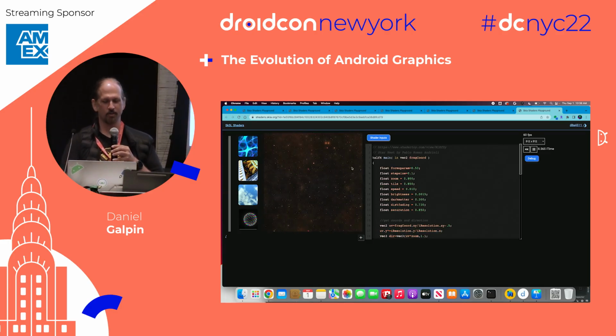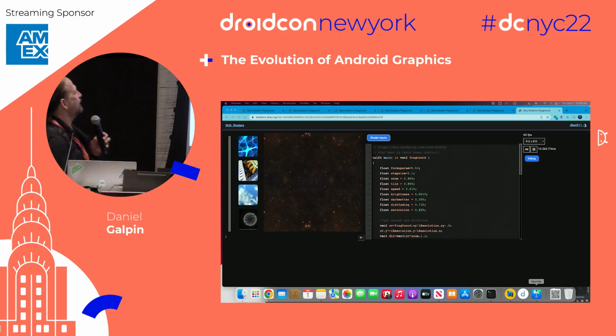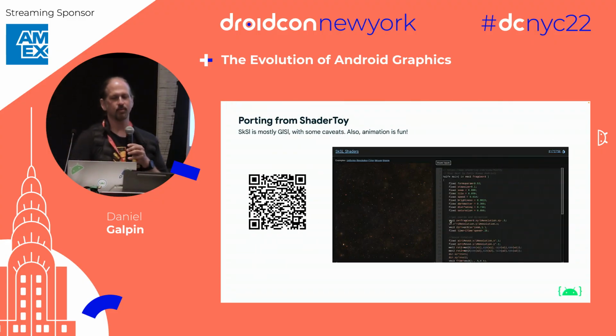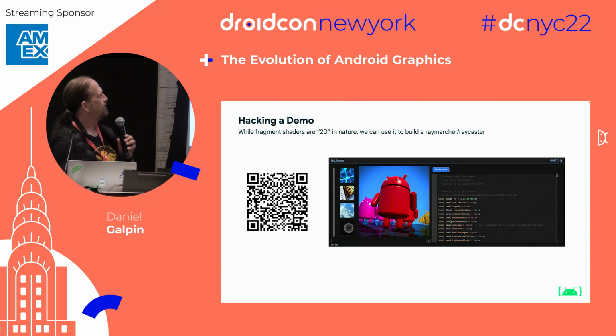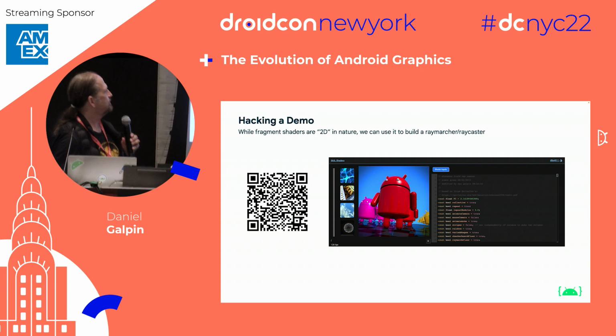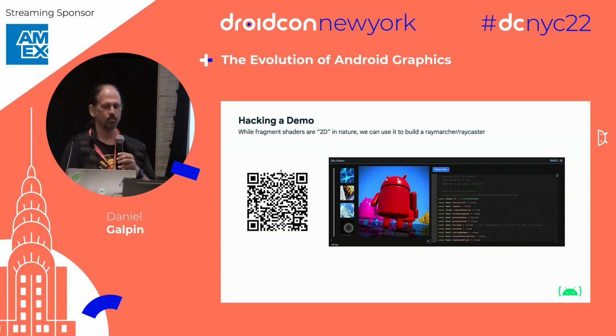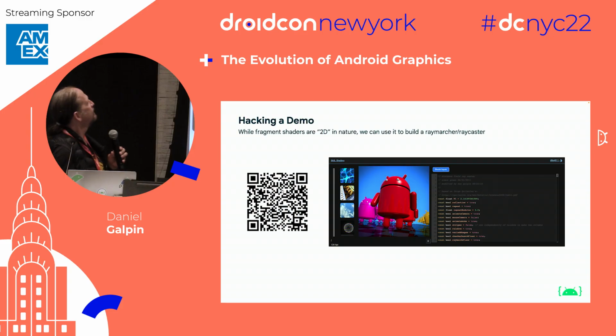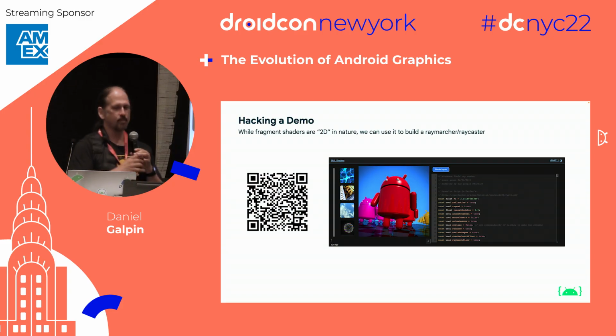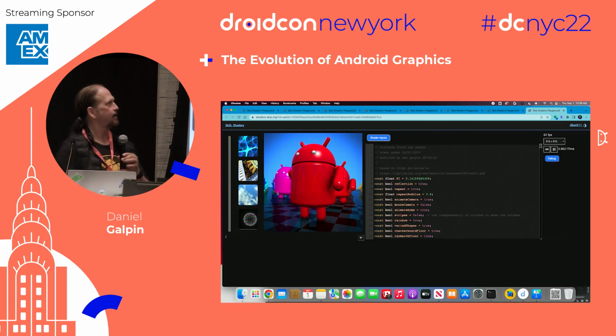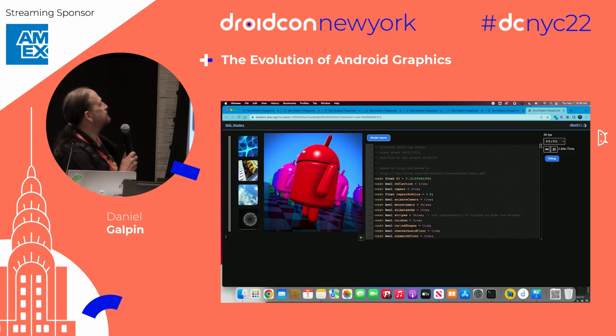But let me get to a demo that I spent a lot of time hacking on. One of the cool things about having access to the resources of the GPU is you can do more than just 2D stuff in here. This was originally built by a guy named Simon Green, and he did amazing work.